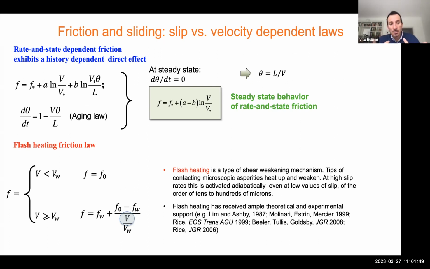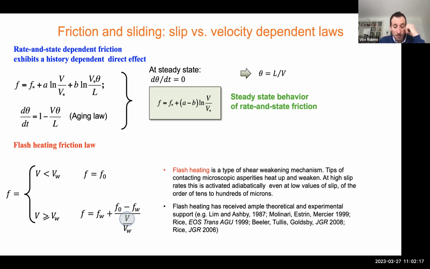So basically it's not logarithmic, it's 1/v, so it's much more pronounced weakening. Now, interestingly, flash heating was initially developed in the context of metal tribology by Mike Ashby and Alain Molinari and co-workers.